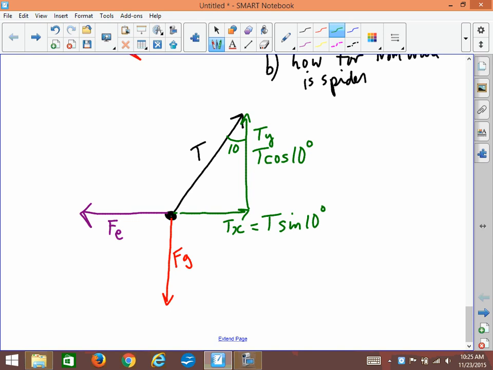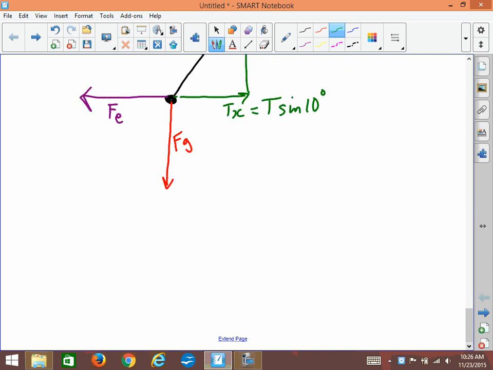Now remember, at this point, the black tension line is now gone from our perspective. We don't care anymore about it. We've changed it into two green lines instead. Let's do F net x's and F net y's. Well, for part A, we can do part A using F net y.